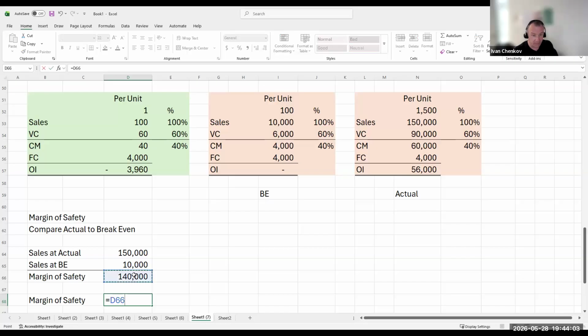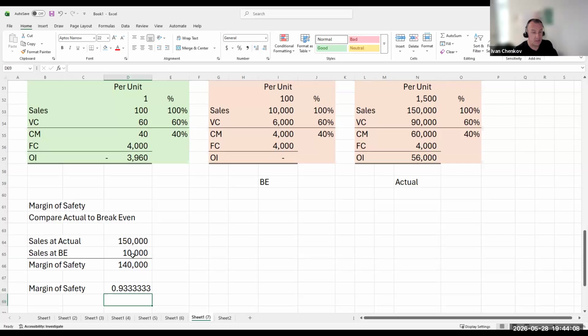Well, 140 divided by 150, my margin of safety right now is 93%. What that tells me is that if my current sales drop by $10,000, I don't have to worry about it. Or if my current sales drop by 10%, I don't have to worry about it.